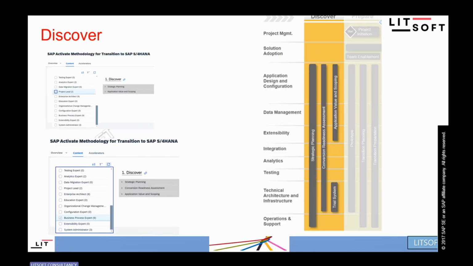Then the discovery I copied here, and one area I will showcase within the website, and the SAP Activate methodology for the transition. The actual roadmap is separate, because we have the 9th or 10th session for it, but I have copied from that. So within the discovery, here is the project lead, what it is there, and this one.